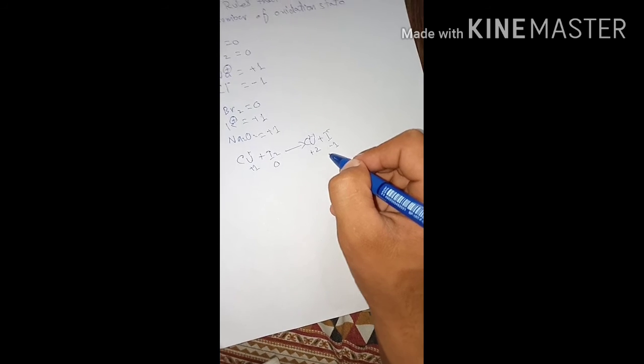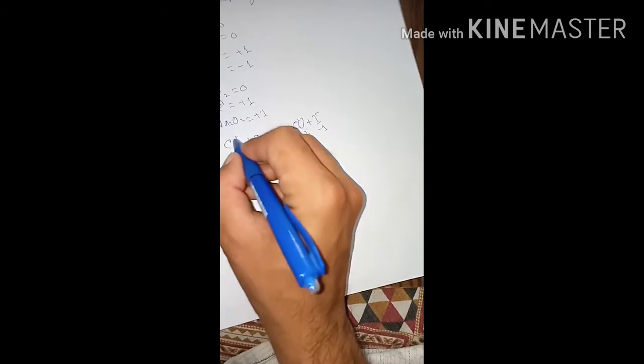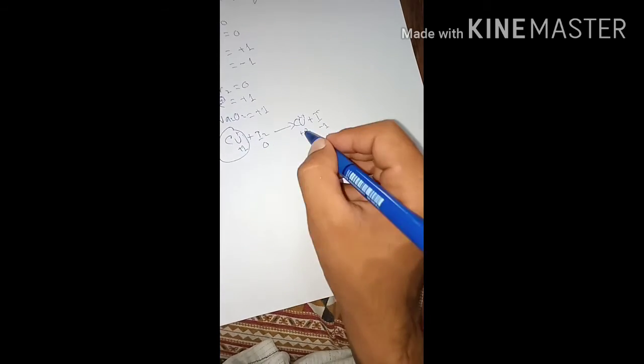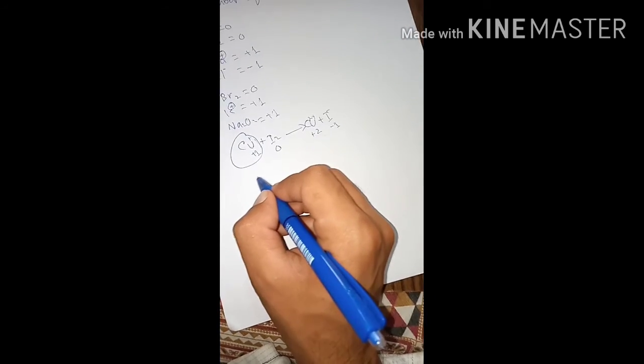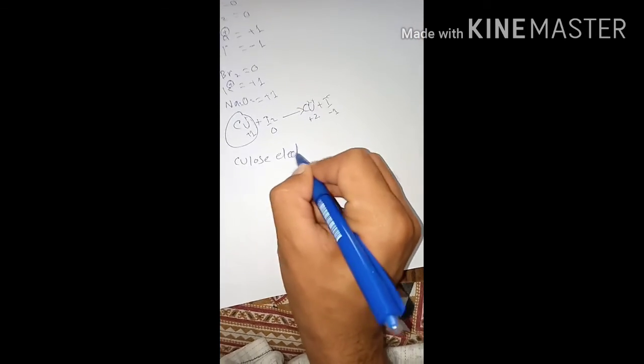So copper loses electrons, so it is oxidized. Copper converts from +1 to +2, so it loses electrons.